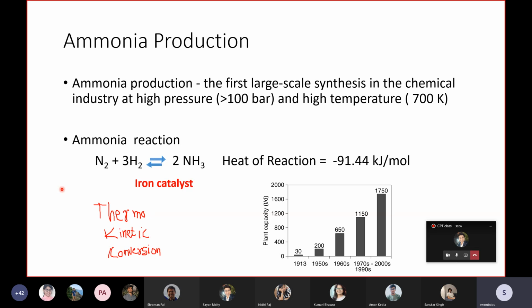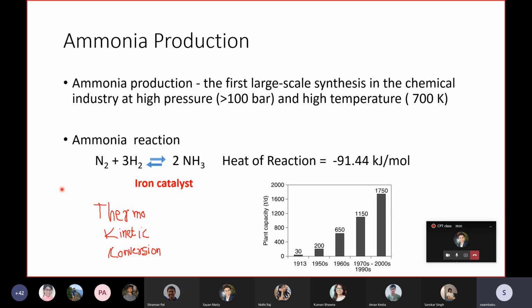Endothermic, exothermic, feasibility, and one more thing. In chemical reaction equilibria, you might have solved some problems in thermodynamics. Equilibrium conversion value. Have you remembered? In the chemical reaction equilibria chapter, you must have solved some problems on equilibrium conversion.